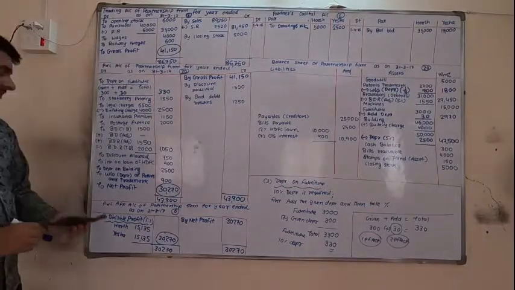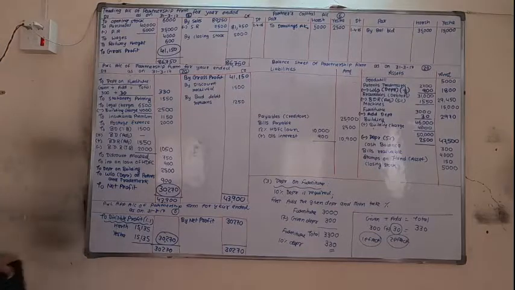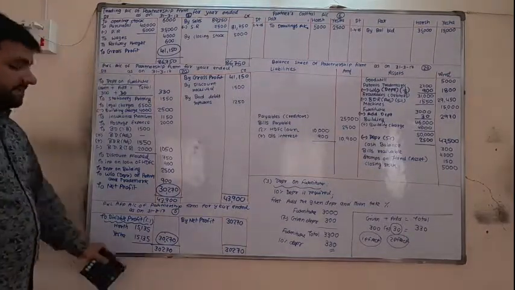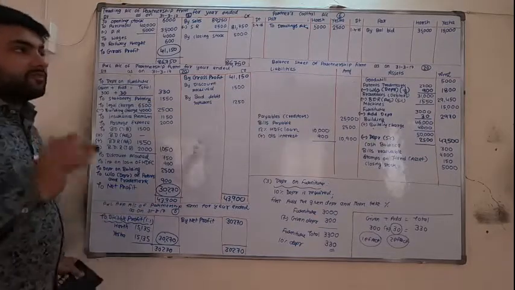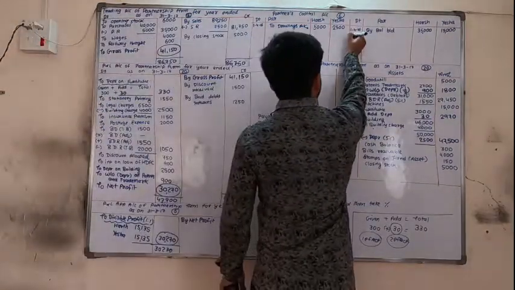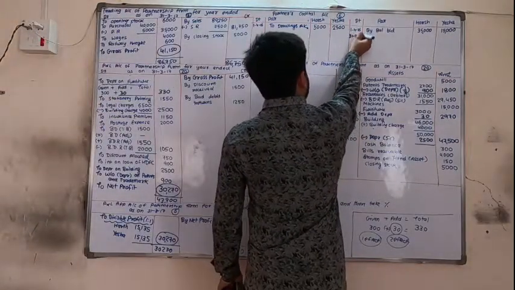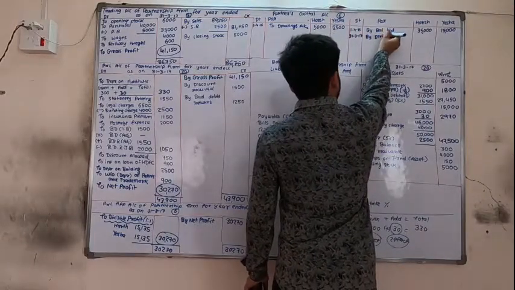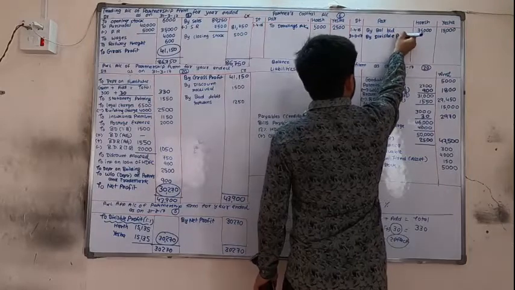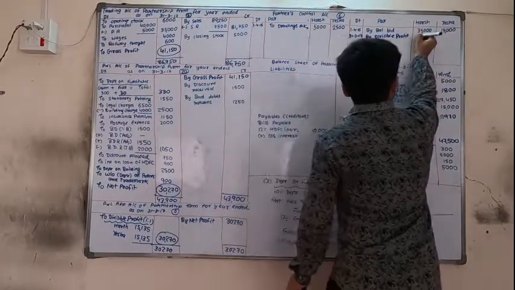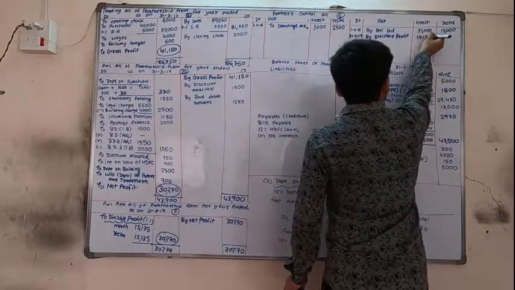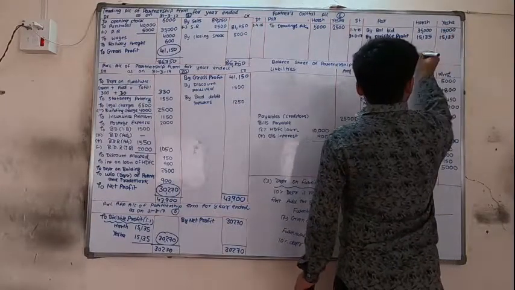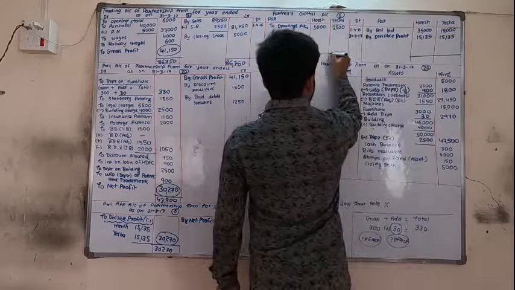What we have done: 30,270 in 2 equal parts, 15,135, 15,135. Because the ratio is equal, divide by 2 only. Now take it here: 30,270 by divisible profit, 15,135, 15,135. Now take the totals.